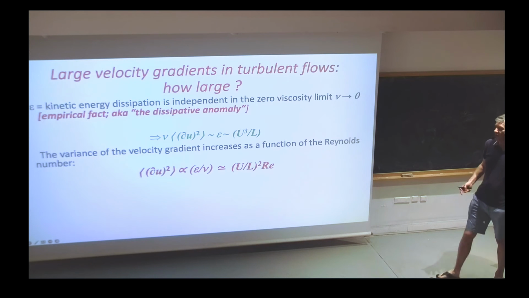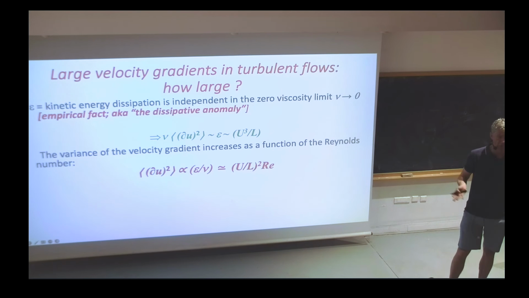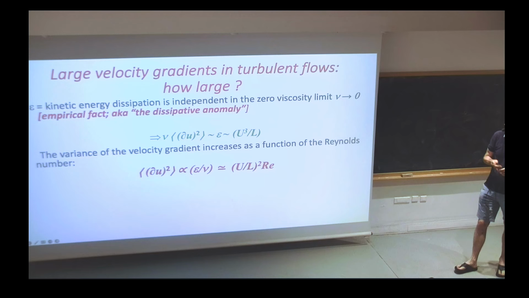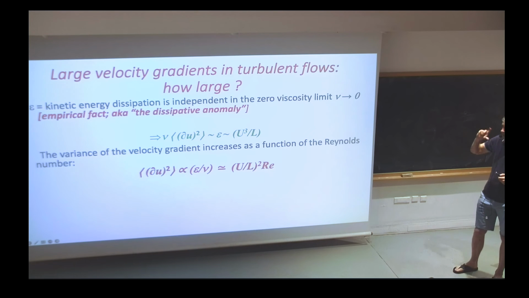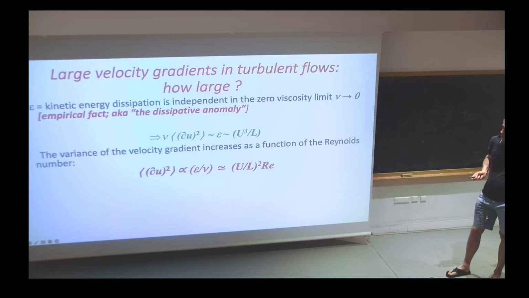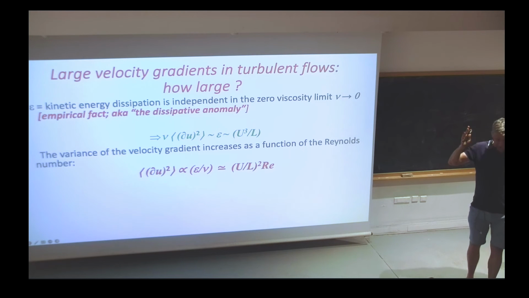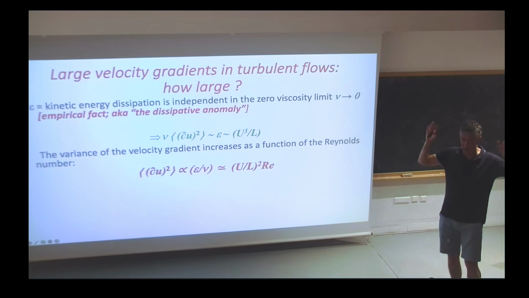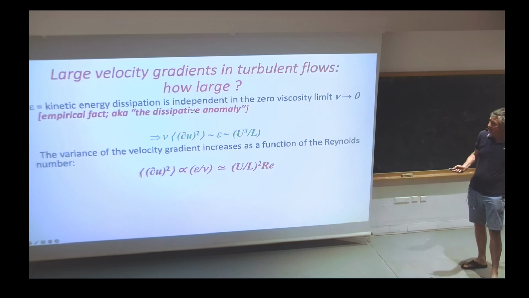So, I was showing that velocity gradients can jump to high values. What is the story? There are in fact two concepts which are tied together. The first one is what some people would call the zeroth law of turbulence, something that engineers probably knew five centuries ago before anybody knew what viscosity was.